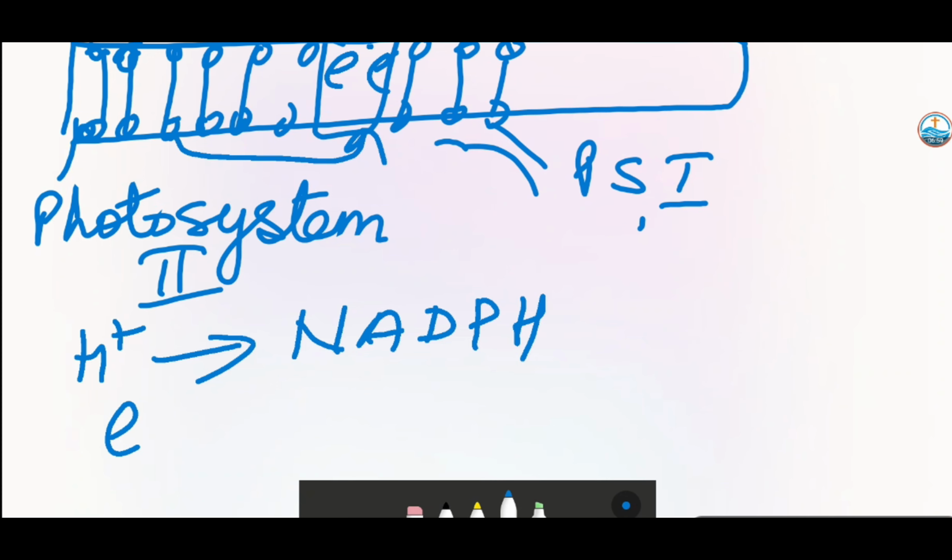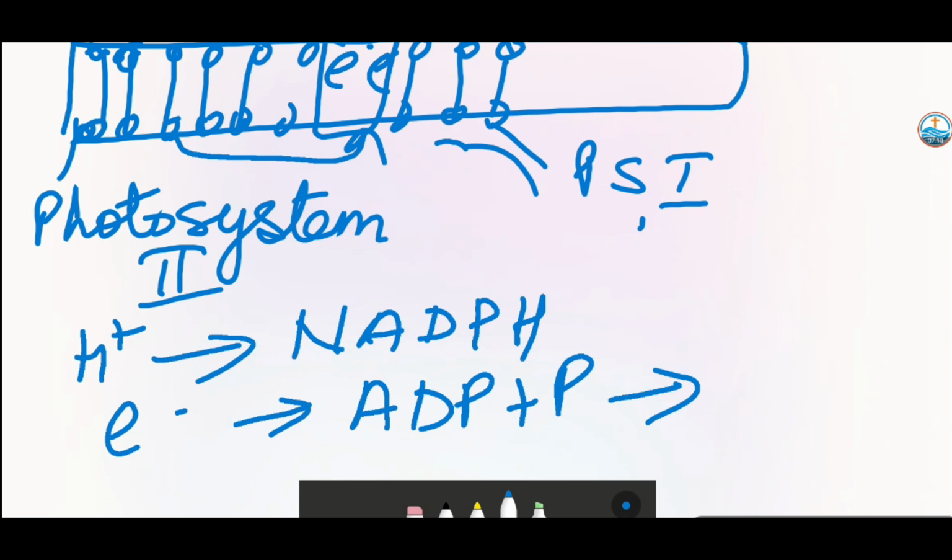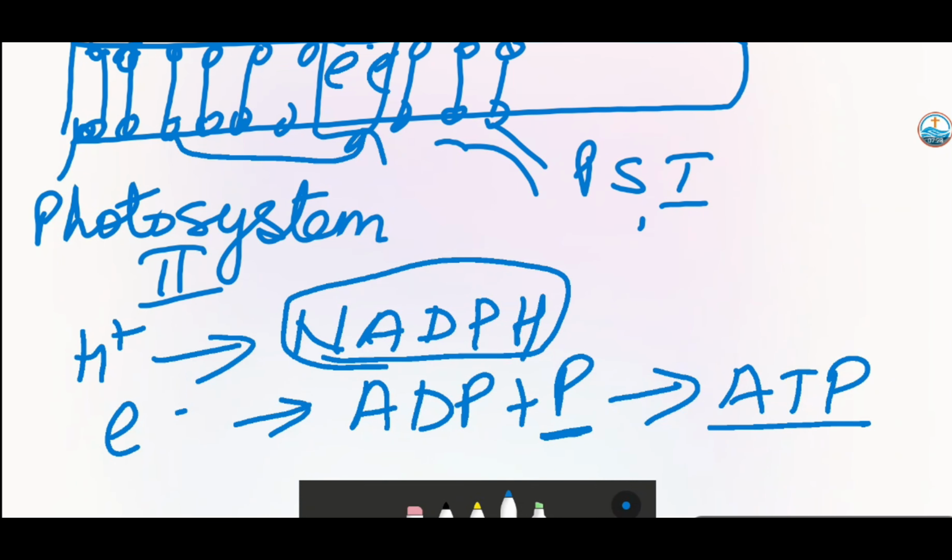These electrons are used to convert ADP: by adding one phosphate ion, it turns into ATP, which is phosphorylation. As a result, these two are the key products for the other phase, the light independent reaction, which is also a biosynthetic phase, you can say.